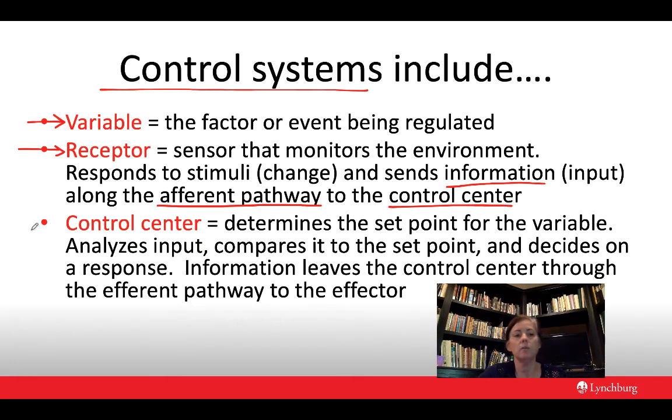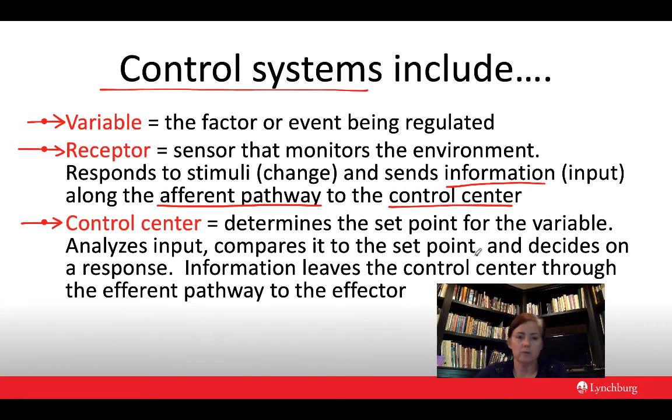The control center has a predetermined set point for that variable, whatever variable it is. It takes the information from the receptor and compares it to the set point. Depending on how that comparison turns out, it decides on a response.